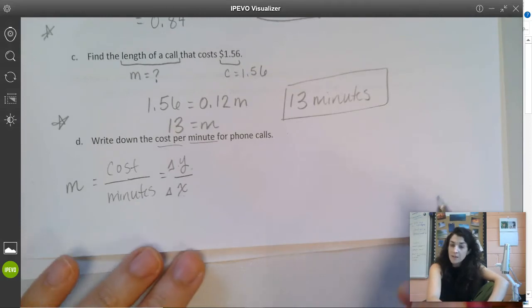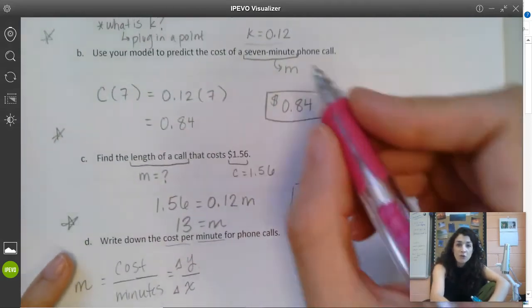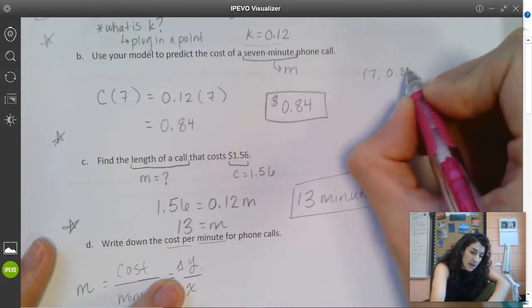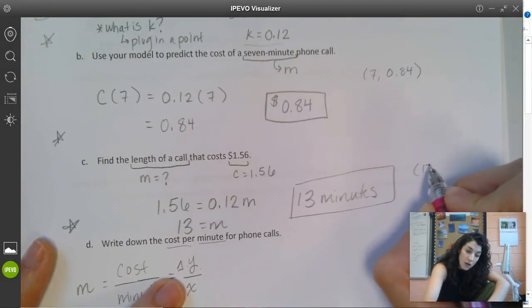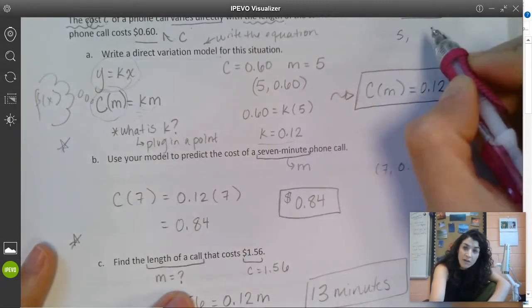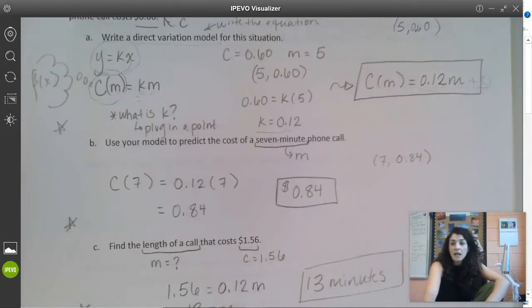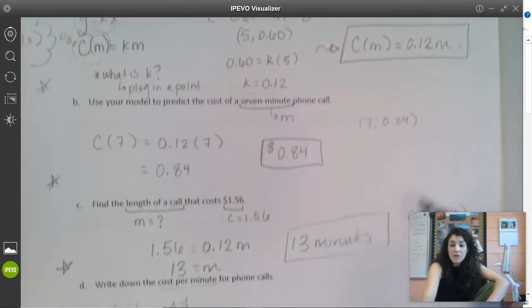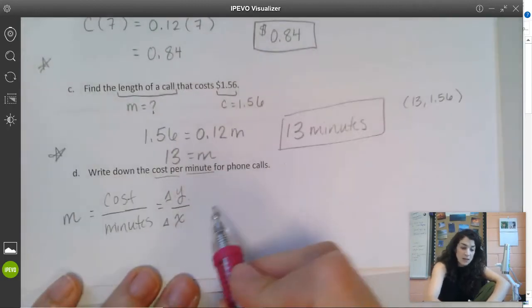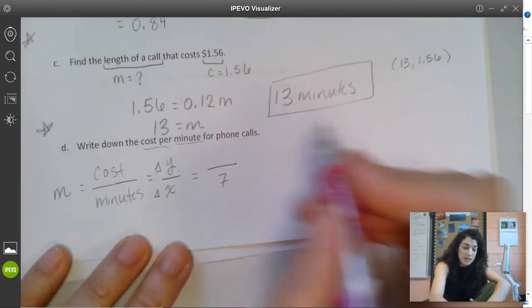Now, if that didn't make sense for you, we have a bunch of points that we can use. We just found a point here, which was 7 minutes, 84 cents, or 13 minutes, $1.56, or the original 5 minutes and 60 cents. And all you have to do is use any of those points. If I was on it for 7 minutes, I was charged 84 cents.